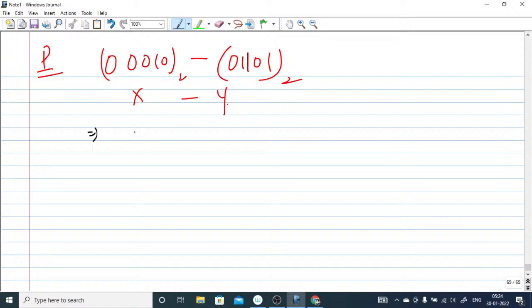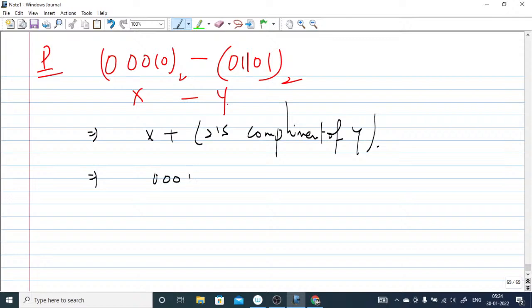So you can say x plus 2's complement of y. So x is 0 0 0 1 0, plus take the 2's complement of this. The first bit is 1 directly, so this is 1 0 0 1. This is the 2's complement of this.